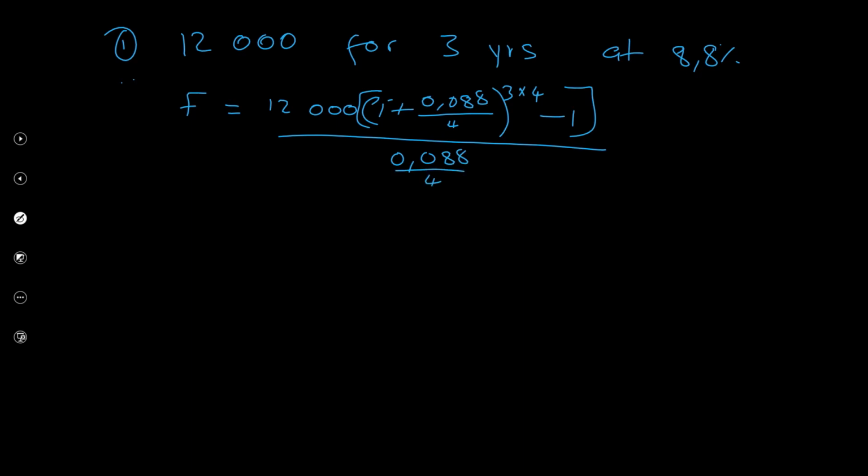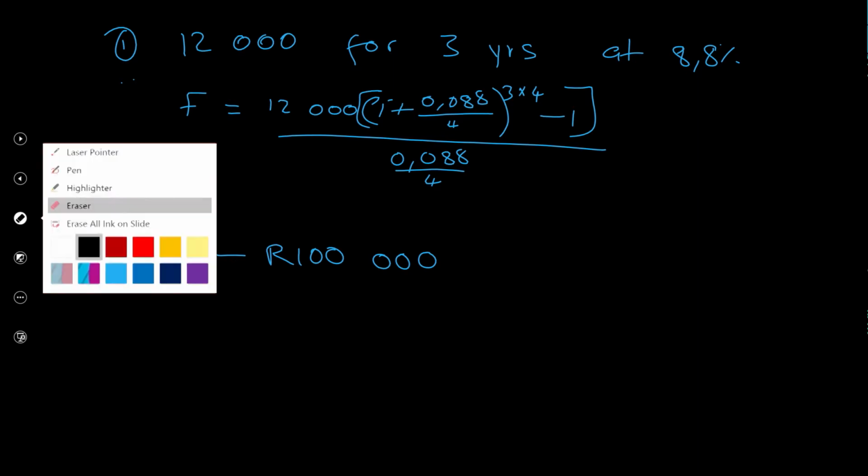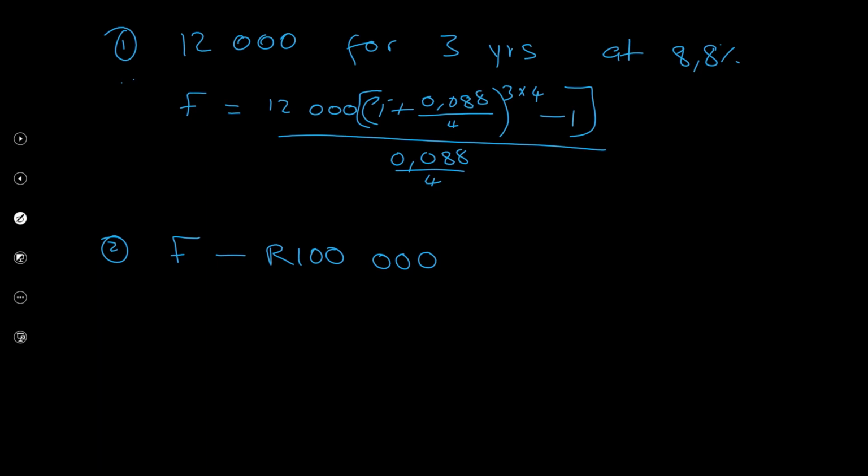And then you will find what that answer is. And then number 2, we will say F minus 100,000. That's the withdrawal that Selby made from this investment.